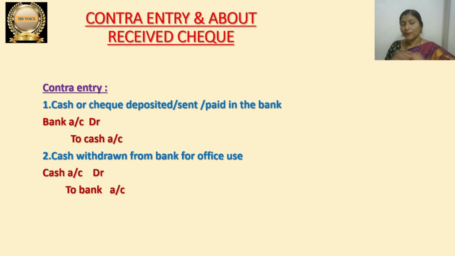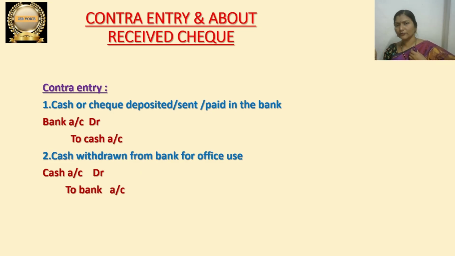Okay, and sometimes they will give in 3 column cash book question that cash withdrawn from bank for domestic use or for personal use. That is not contra entry, that is drawings. They should give clearly that this cash is withdrawn from bank for office use.